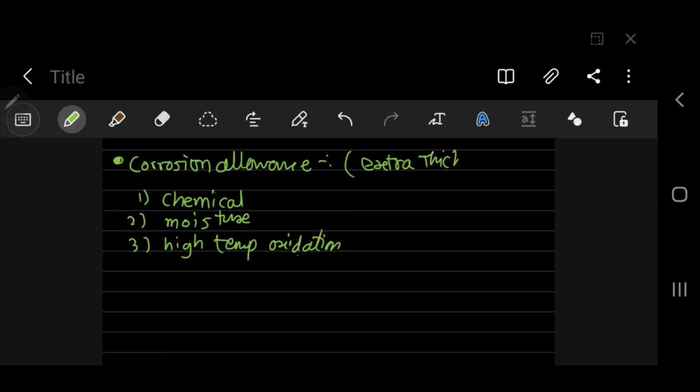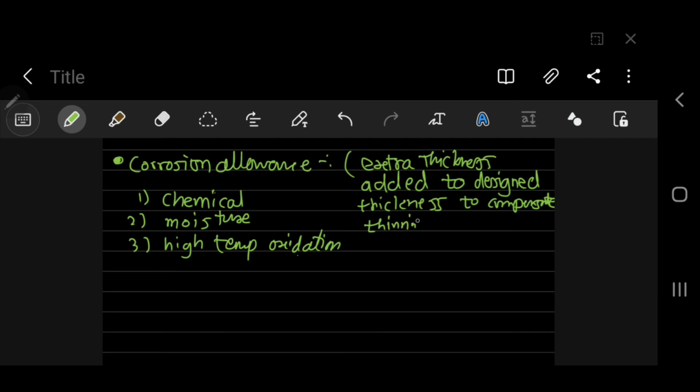It is extra thickness provided, or extra thickness added to the designed thickness, to compensate for thinning due to corrosion. So this is the meaning of corrosion allowance.